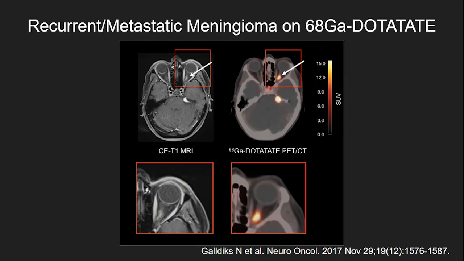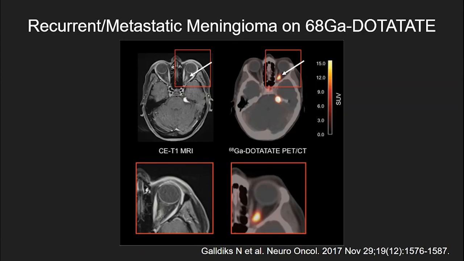Here are examples of gallium-68 dotatate used to detect recurrent and metastatic meningioma. So this patient had had a left optic nerve sheath meningioma that had been resected 8 years prior. And then on MRI and gallium-68 dotatate PET-CT, what you can see is there is recurrence of the meningioma to the left optic nerve sheath.